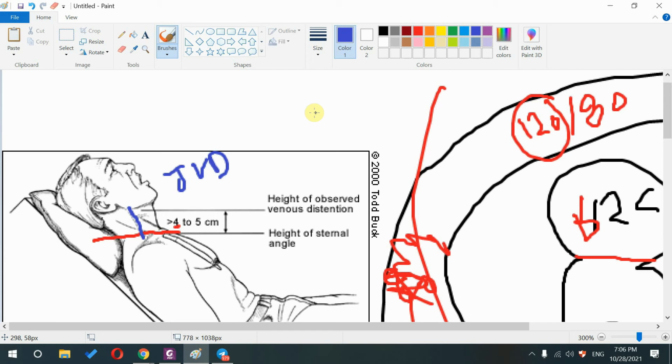That means whatever pressure you have in your right atrium, in your superior vena cava, in your inferior vena cava, and in your JVD is exactly the same. This is important because from looking at the neck, you can determine the pressure in the right atrium. So conditions such as tricuspid regurg will increase the right atrial pressure. Conditions such as COPD.